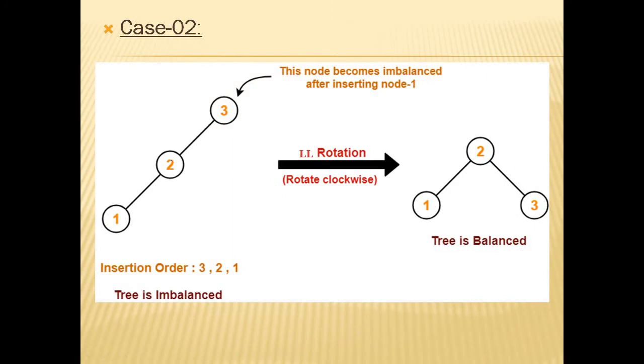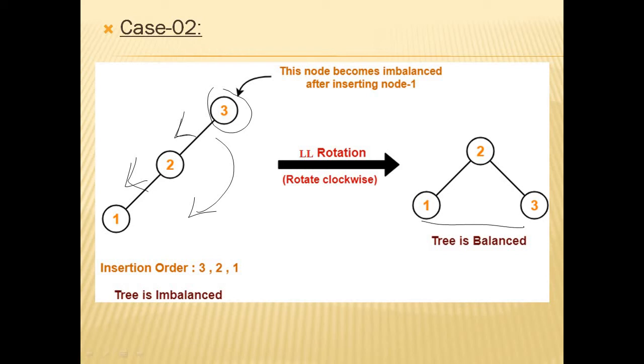Next one is LL rotation, left left. If I consider this is a root of a subtree, I am getting height imbalance from left to left. So if it is a left left LL rotation, then go with clockwise rotation. So RR is anti-clockwise, LL is clockwise. When I apply clockwise rotation, I get this one.